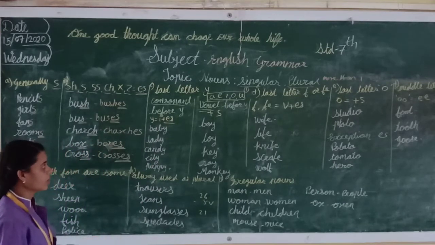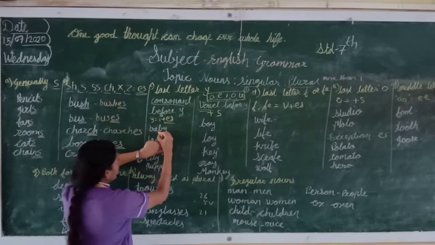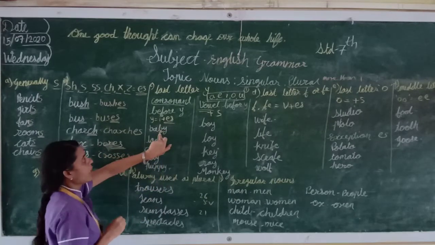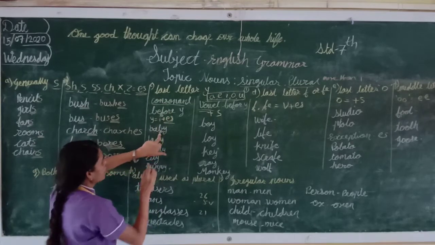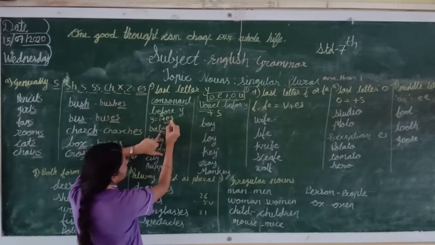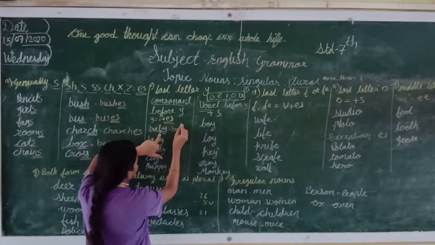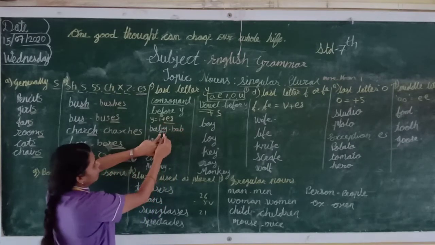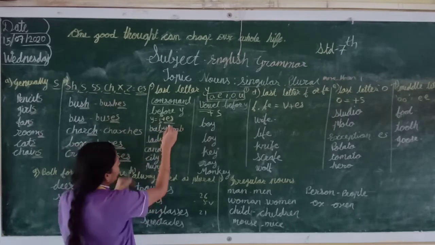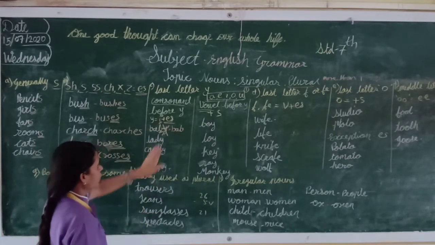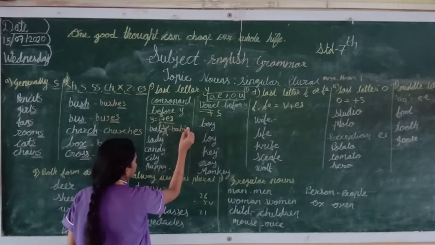What do we join, students? Es. Now baby. Before y, which letter is there? B. B is a consonant, so we have to join es. B-A-B, but we have to convert that y into i. Remove the y, then join i, then es.